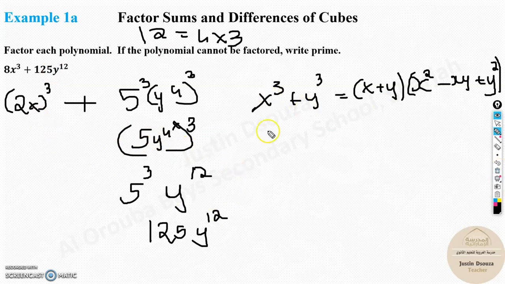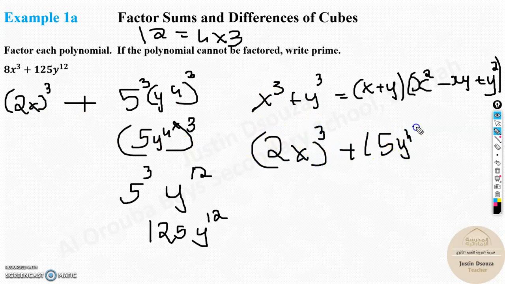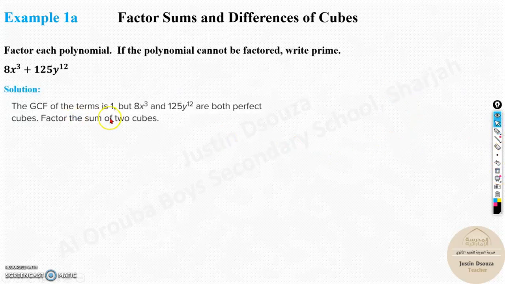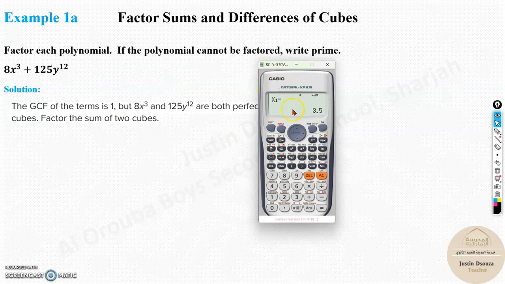Now I can use this (2x) whole cube plus (5y to the power 4) whole cube. Now I can substitute a as 2x and b as 5y to the power 4, and you can solve it. Now there are many methods. There is one more method I can show you in the calculator.